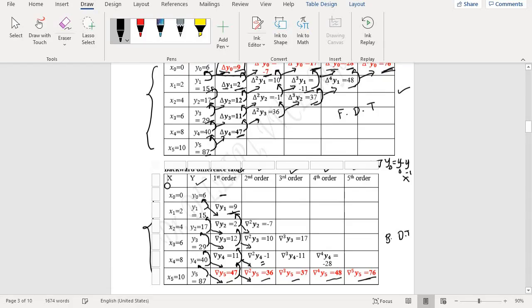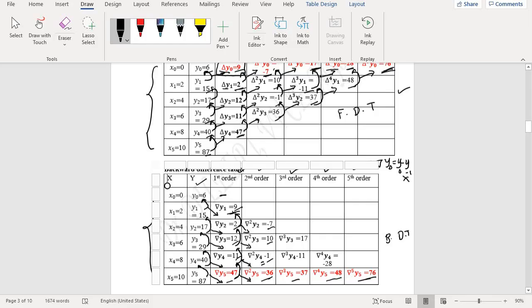Observe the third column 9, 2, 12, 11, 47. Similarly in the backward 9, 2, 12, 11, 47. Same values. Observe the fourth column minus 7, 10, minus 1, 36. Similarly here minus 7, 10, minus 1, 36. And observe the third order, fourth order and fifth order. All the values are the same.